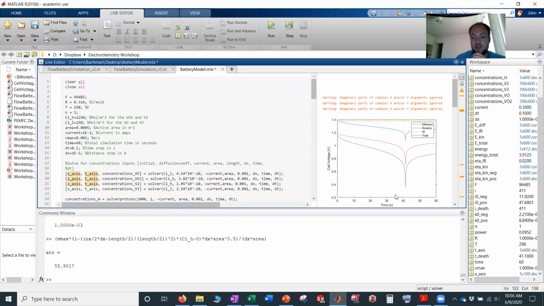Okay, so that's interesting. It extended it from 32 to like 42, but it didn't quite reach steady state.